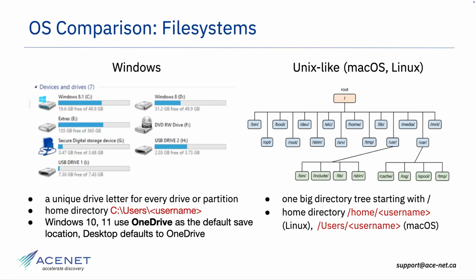Linux and Mac share similar file systems derived from Unix. And in these operating systems, there are no drives. Everything is a file, and all files are arranged in directories that descend from a single root directory.